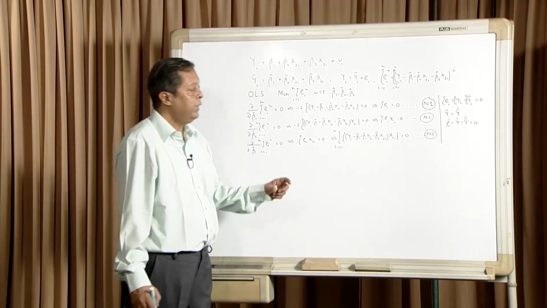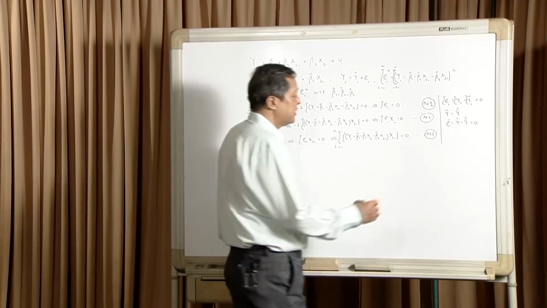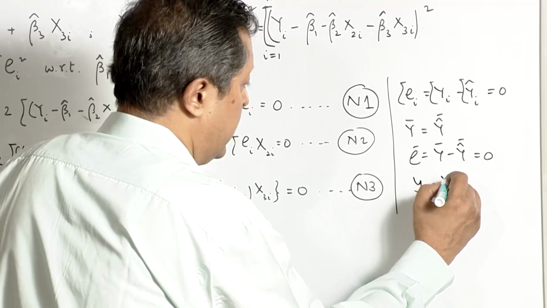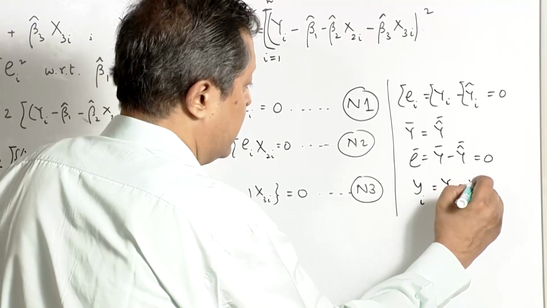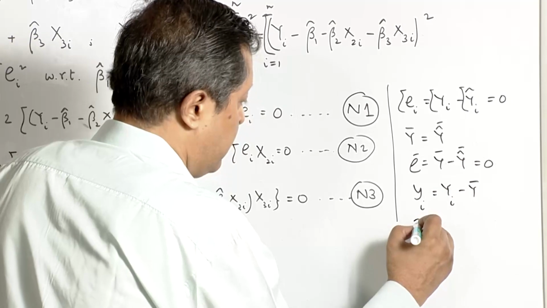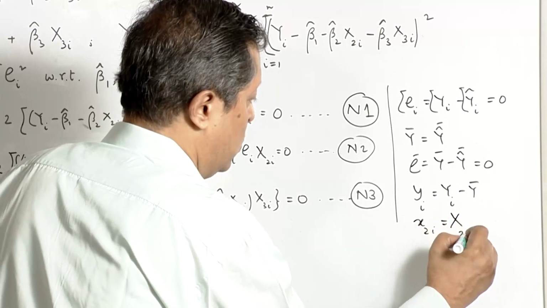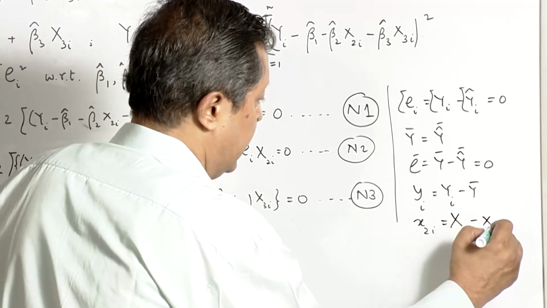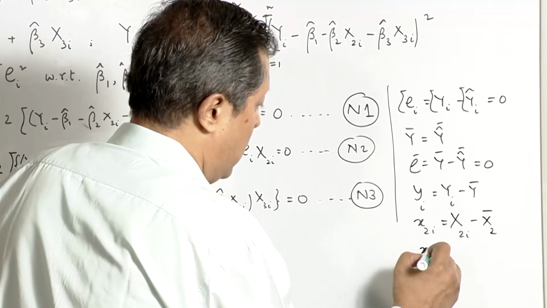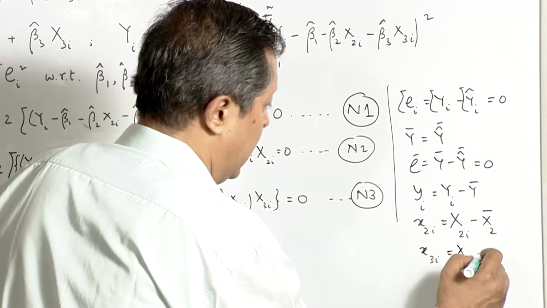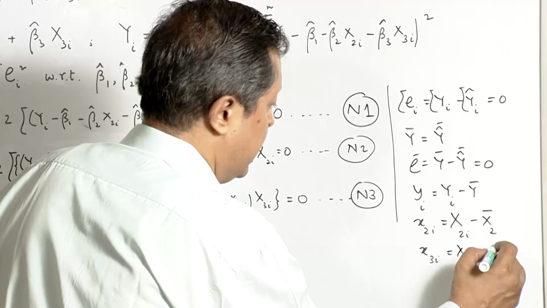Further, we introduce some notations. We say small y_i is equal to capital Y_i minus y bar, small x_2i is equal to capital X_2i minus X_2 bar, and small x_3i is equal to capital X_3i minus X_3 bar.